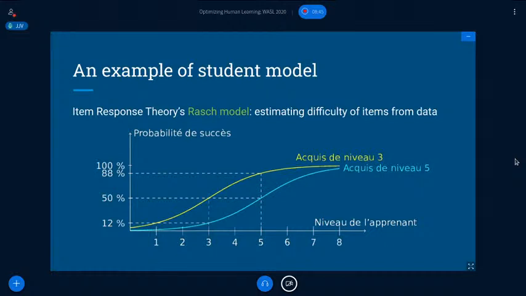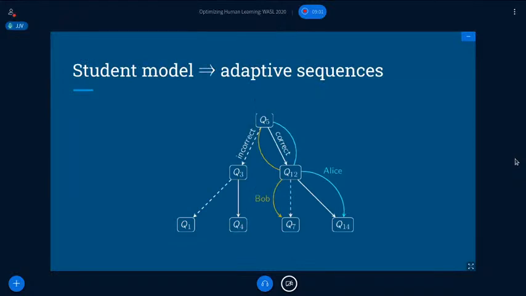So then, given the curves, we can get some likelihood about what could be the level of the student, and we can refine this adaptively. What I mean by this is, let's assume you can order all exercises by difficulty. So let's say question 1 is the easiest one and question 14 is the hardest one.